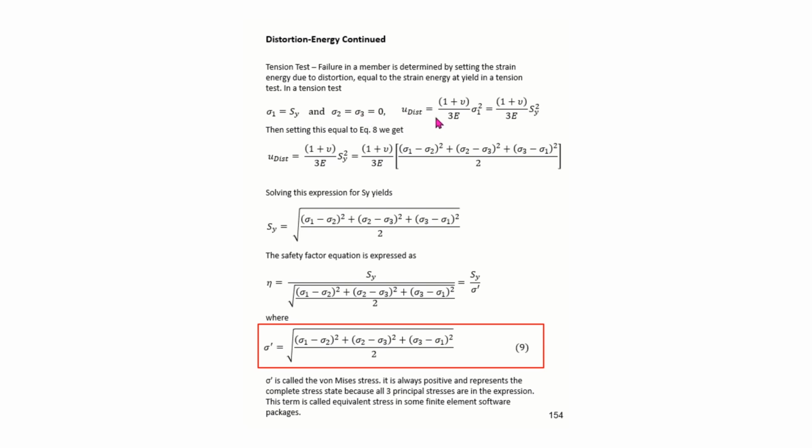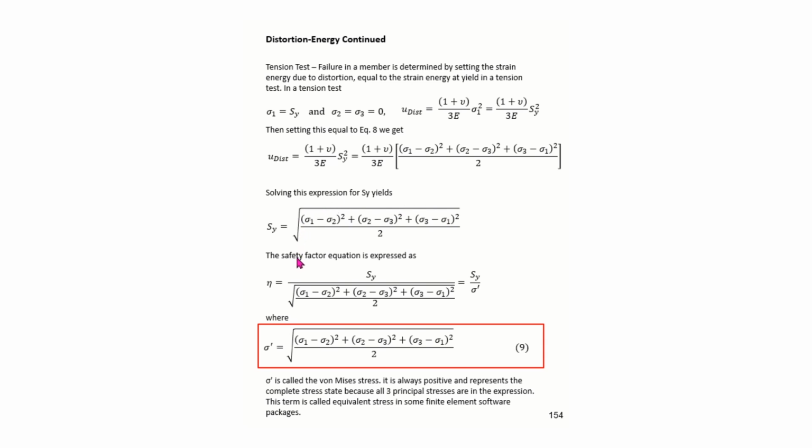So my U distortion reduces to this expression here, because these two principal stresses would be 0. Then setting this equal to equation 8, we get U distortion is equal to this expression. And solving this expression for Sy gives us Sy is equal to this result here.